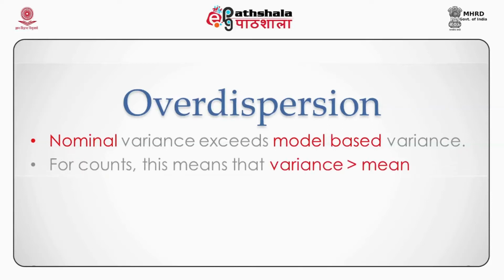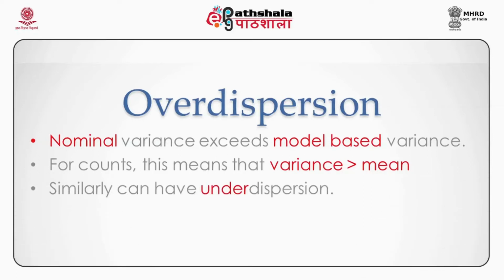So just as we can define overdispersion, we can also define a phenomenon called underdispersion, and this would mean that the variance is less than the mean, or that the nominal variance is less than the model-based variance.